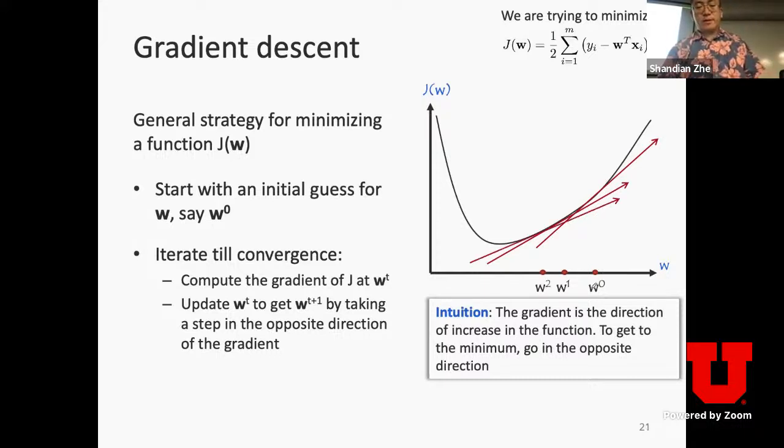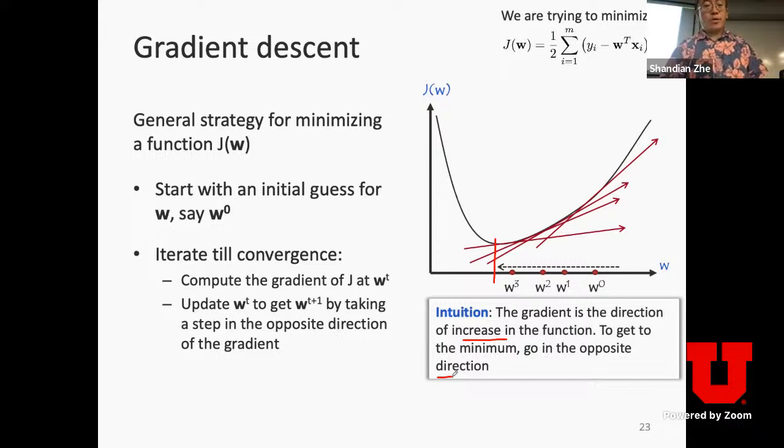Keep doing this, we get w2, the slope is still positive, so you update your weight to the left again and get w3. Eventually you converge to the minimum. So the gradient is the direction of increase in the function; to go to the minimum, go in the opposite direction. Any question?